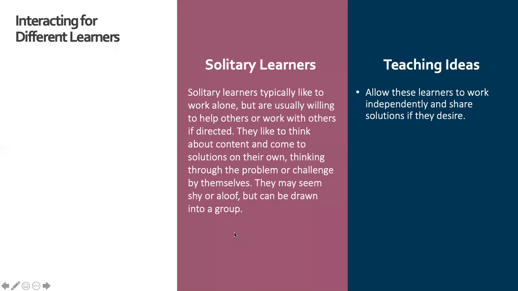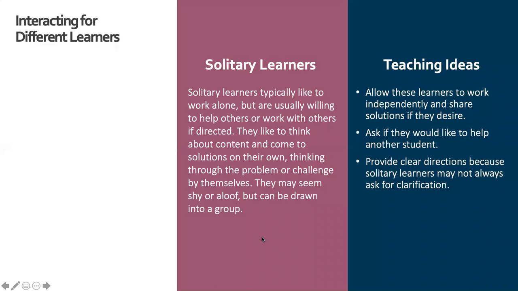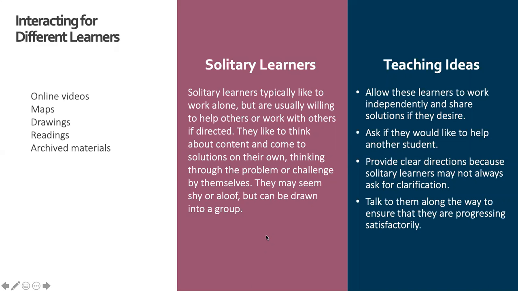And then you have our solitary learners, where they really like to think through problems and challenges by themselves. So this is where maybe we give them some independent time to read, or to give them some directions to follow on their own before they share or work together as a group.